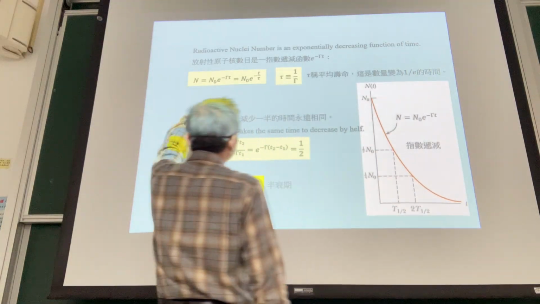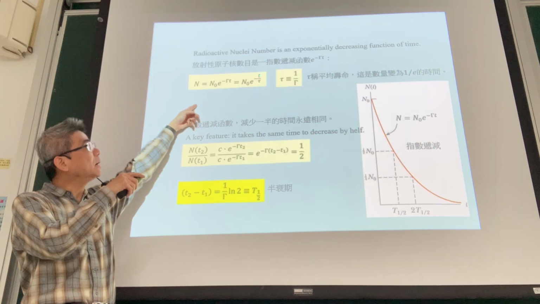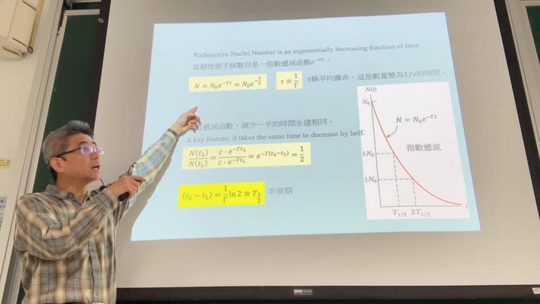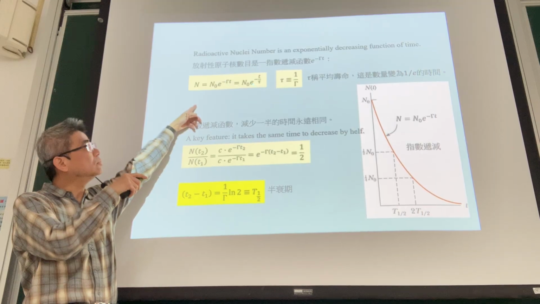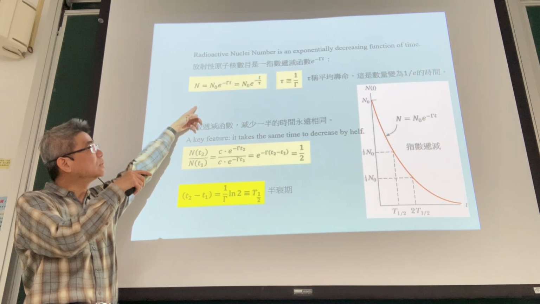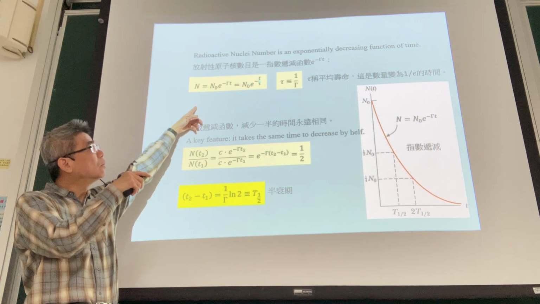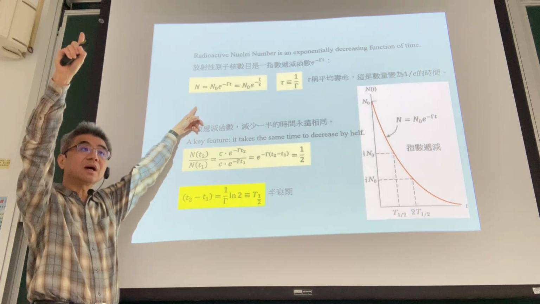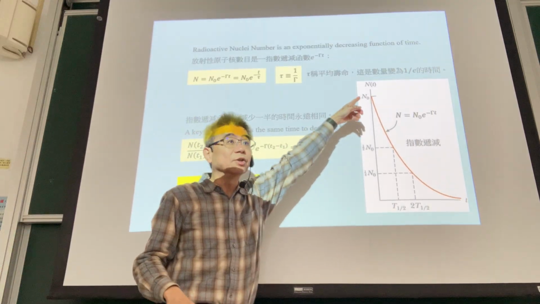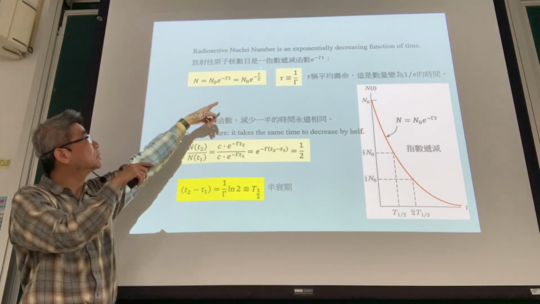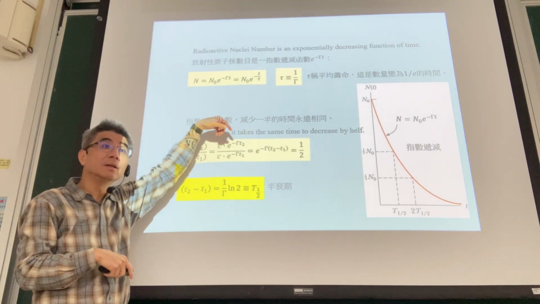Then why do I say it's the average age? Because we usually write this gamma inverse as tau, so the decay goes as e to the minus t over tau. Then that means when t equals 1 tau, the N will decrease by 1/e, because you put in tau here, and this will become e to the -1.